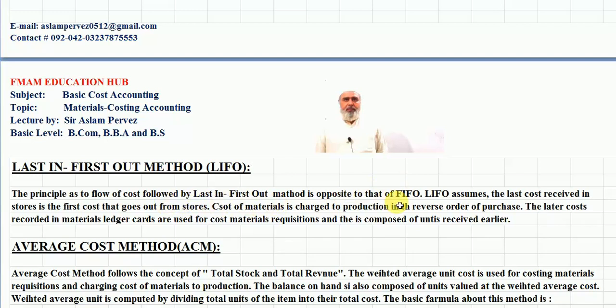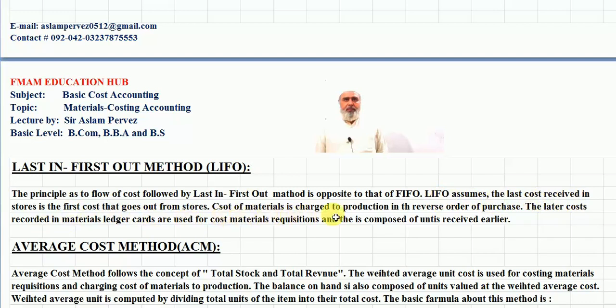In FIFO, the cost of material which is purchased first is out first, but in the LIFO method, LIFO assumes the last cost received in stores is the first cost that goes out from stores.